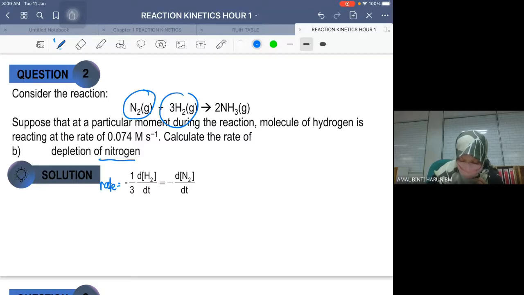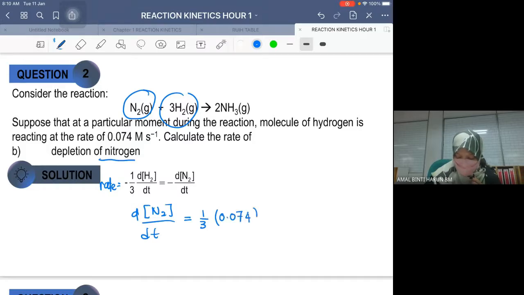So it is d N2 over dt equal to 1/3 hydrogen. Rate untuk hydrogen adalah 0.074. So dia adalah 0.025 molar per second. Are you okay?